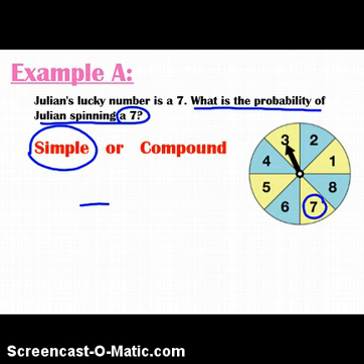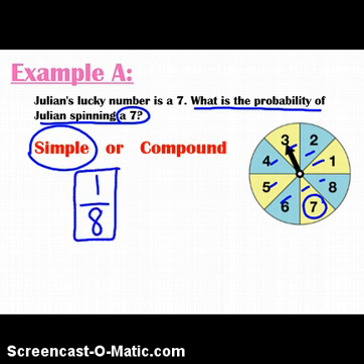I know that there's one 7 on my spinner, so 1 is going to be my numerator. And then I want to find out how many total sections are on my spinner, and there's 1, 2, 3, 4, 5, 6, 7, and 8. So 8 is going to be my denominator. Remember, simple probability is when only one thing is happening. There is no "and" in my word problem.